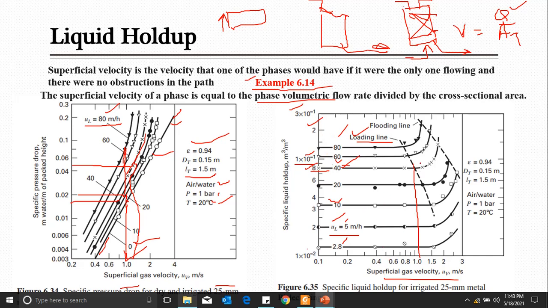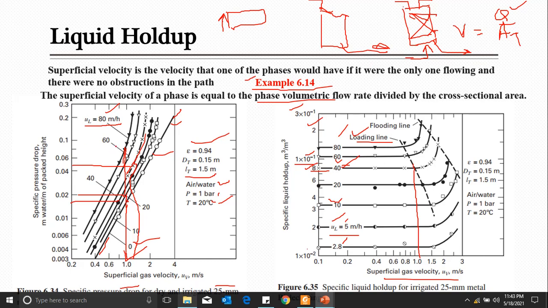But after you cross that limit, there are a lot of problems in the column operation, like flooding. You keep on increasing the liquid hold up, you keep on holding the liquid inside the column, and when more liquid accumulates at the top of the column, definitely liquid should move downward, but it is being accumulated at the top.